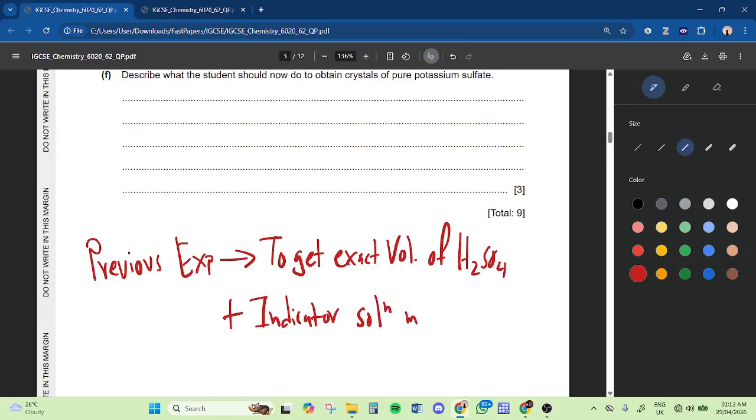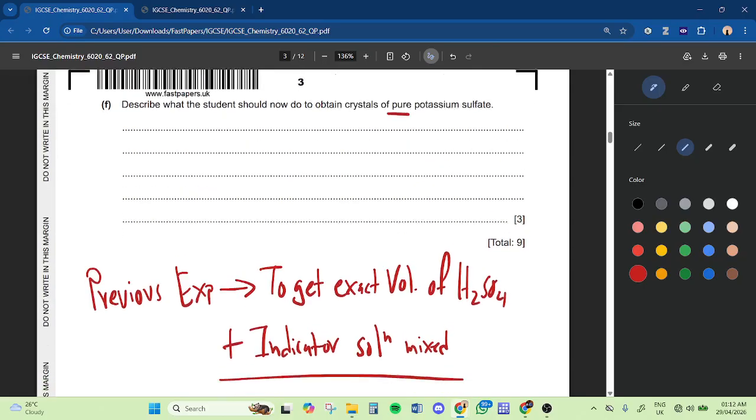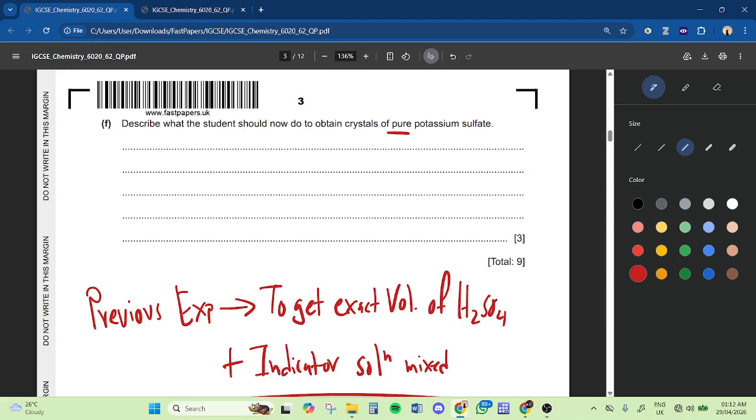So if you want pure potassium sulfate, you have to get rid of the indicator. And since you know the exact volume of H2SO4, you can just redo the experiment without the indicator.